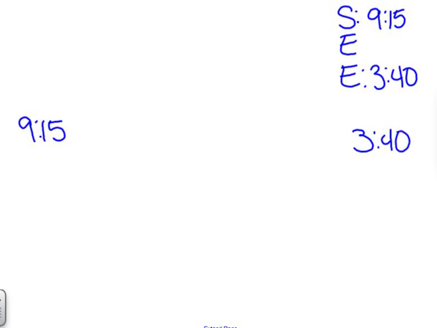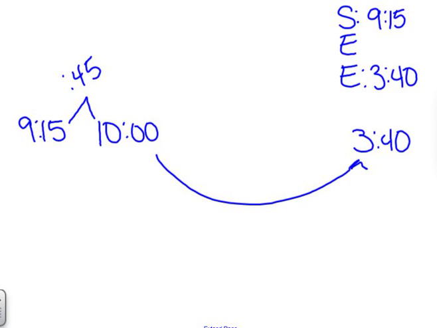Next, what I do is I usually round up to the next hour. So 9:15 to 10 o'clock is how many minutes? It's 45 minutes. Now from 10 o'clock, we need to get to 3:40, so I'm just going to do from 10 o'clock to 3 o'clock.